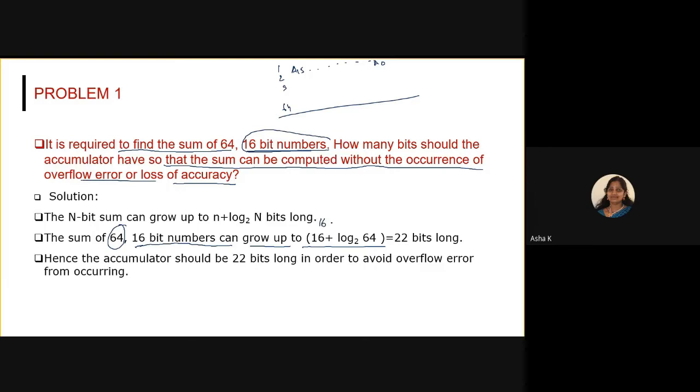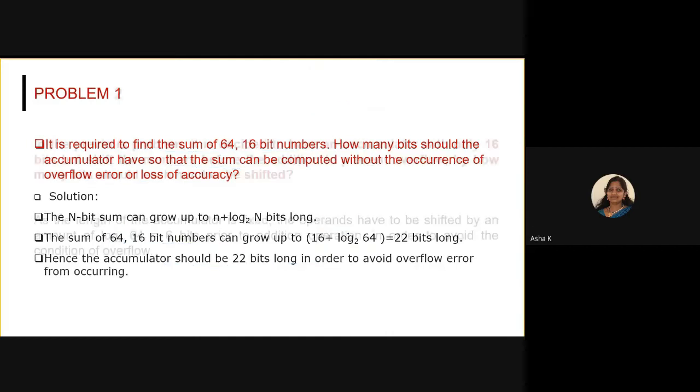That is 16 plus 6, which gives 22 bits. Hence, the accumulator storing the result should be 22 bits long in order to avoid the overflow error. Overflow is when more bits enter than the capacity of the storage, as discussed in the previous slide.